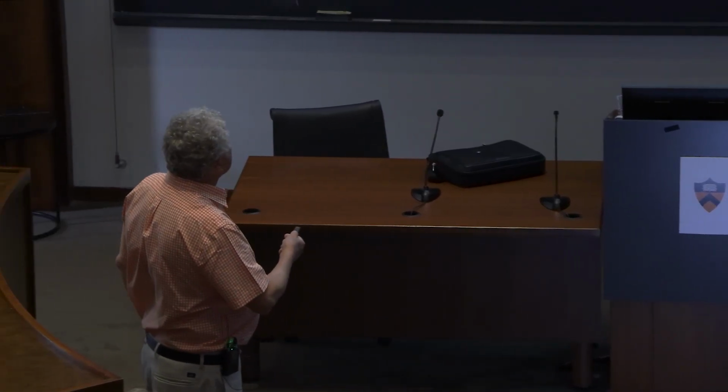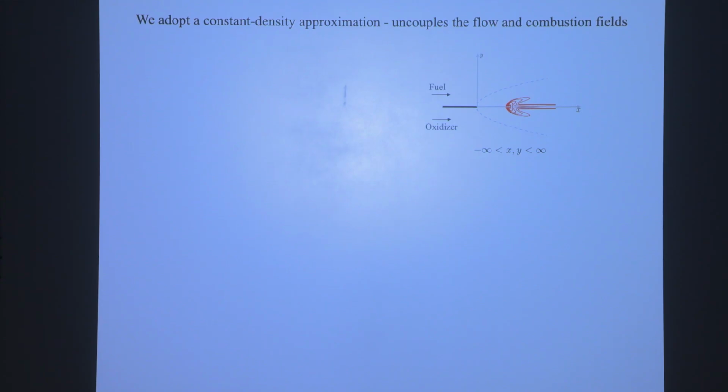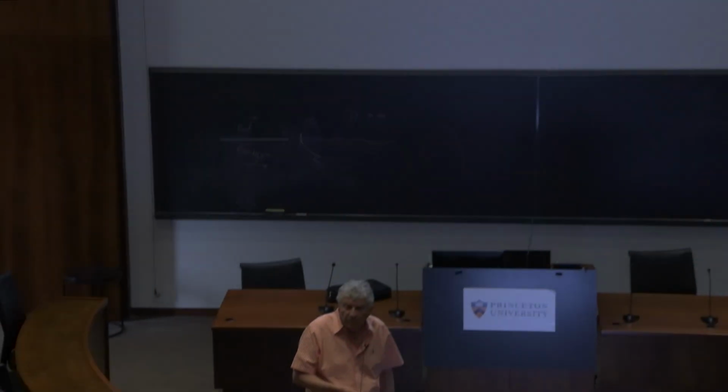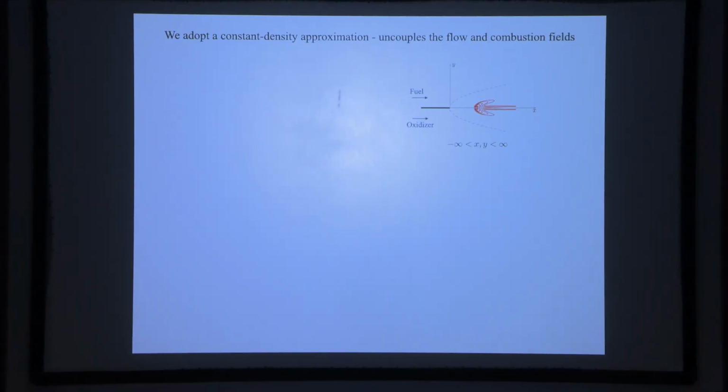In most of the discussion or examples that I will show you, I will be using a constant density approximation. In other words, we are going to uncouple the flow from the combustion field. Otherwise, frankly, it's a difficult problem to do completely, unless you cut some corners and do some simulation with those limits. So this is the picture.